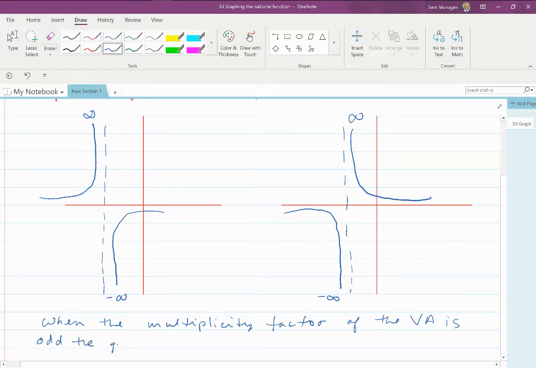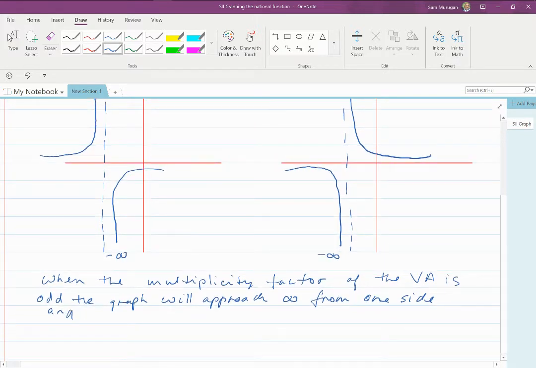The graph will approach infinity from one side and negative infinity from the other.